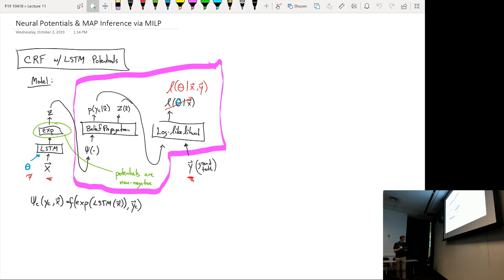And so everything inside this box is what we're thinking of as this loss that is a function of theta, x, and y. And so the question is, if we want to run belief propagation, what do we actually need for this loss function.